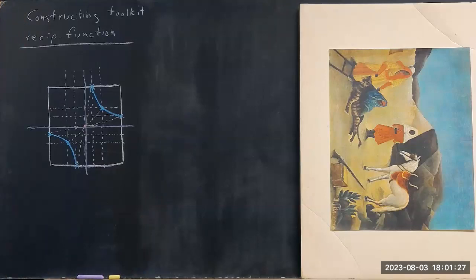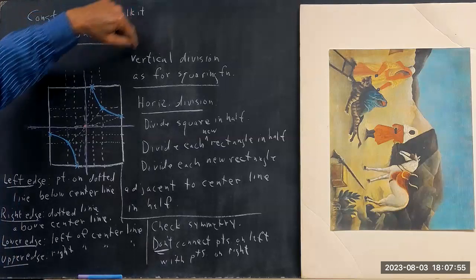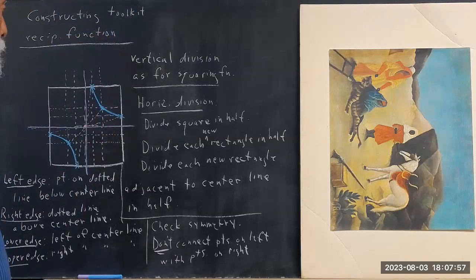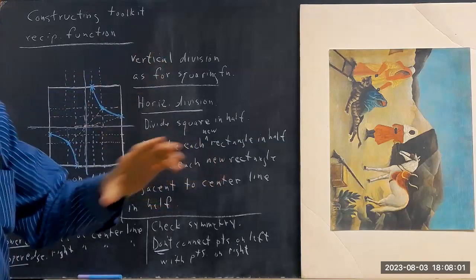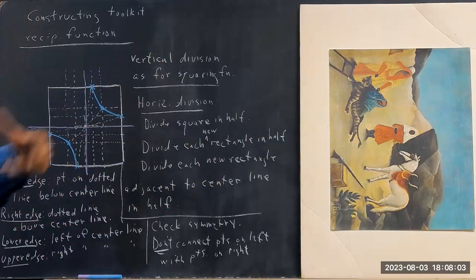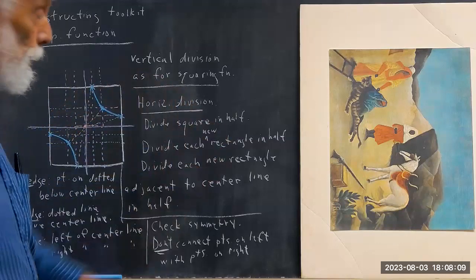Now I'll write a few things down and give you a little bit of a summary and a little more information. Okay, so vertical division, just like the squaring function. Horizontal division is a little different. I'm going to say it a little differently than I did before, just to give you two ways to see it or think about it. And you can choose either way, or you can see how both ways work, which is even better.